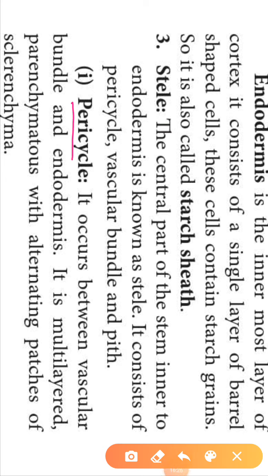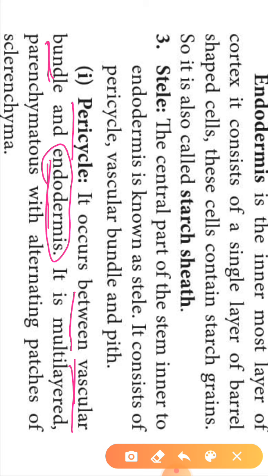Pericycle occurs between vascular bundle and endodermis. Endodermis, which is the innermost layer, we already learnt.